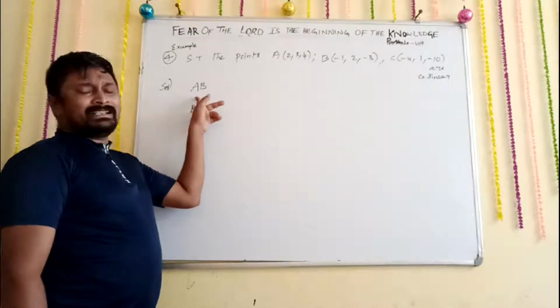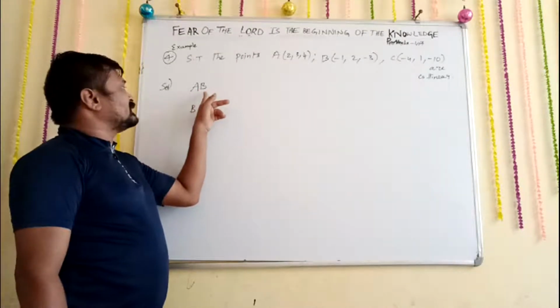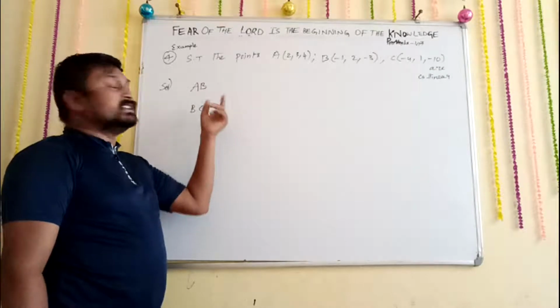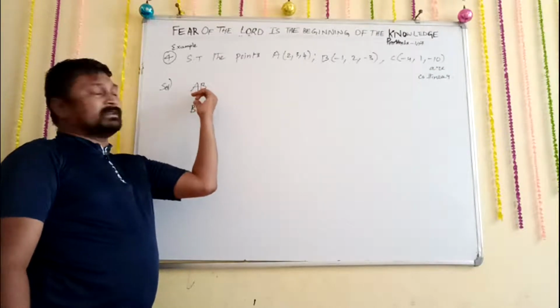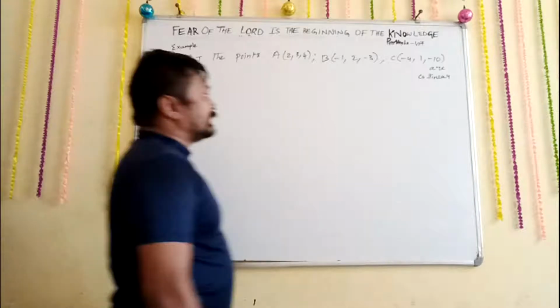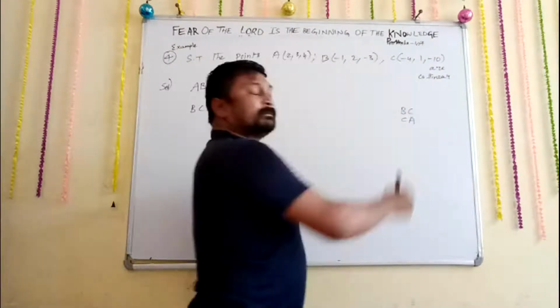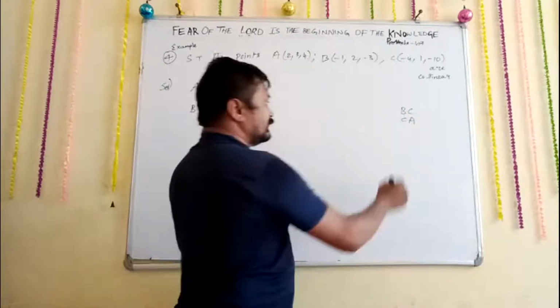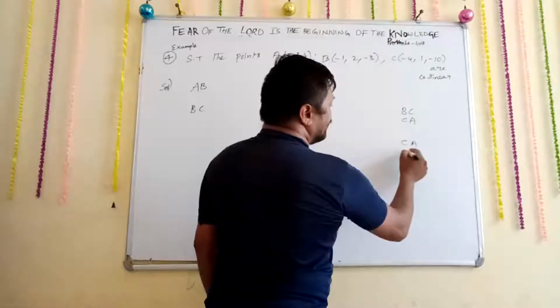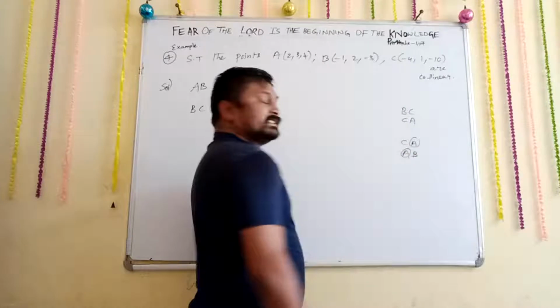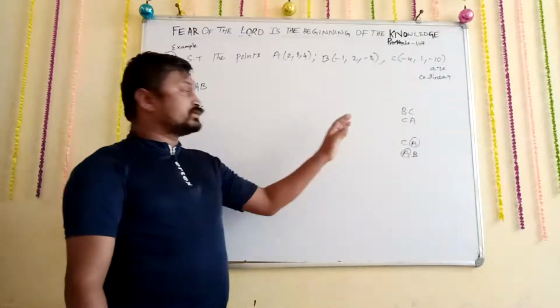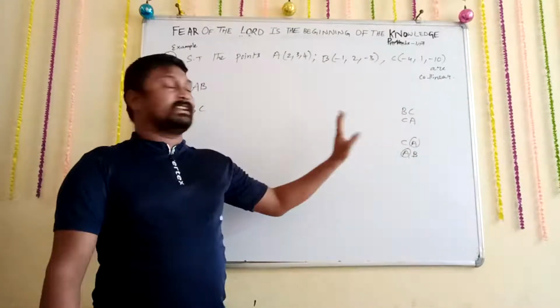Let me take any pair having a common point: AB and BC have common point B. You can also take BC and CA, common point C, or CA and AB, common point A. In such a way, you have to choose the points.